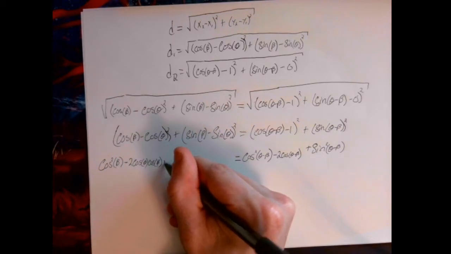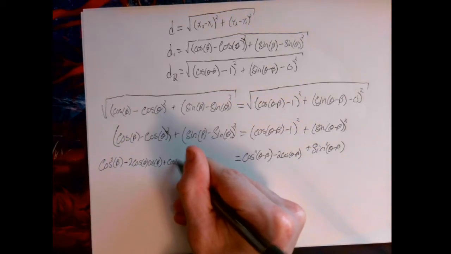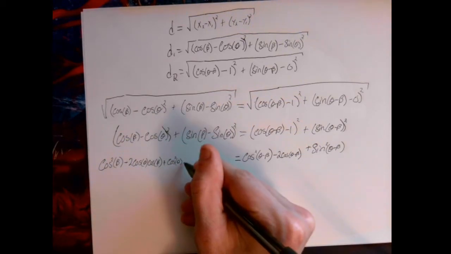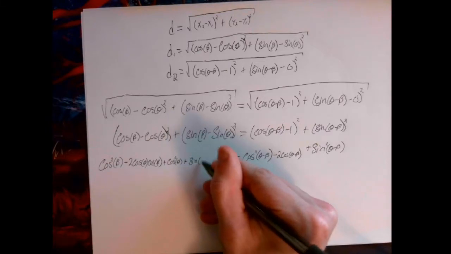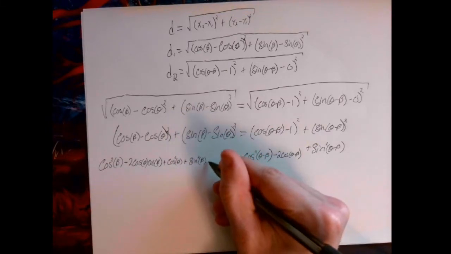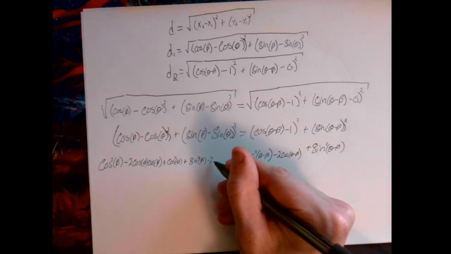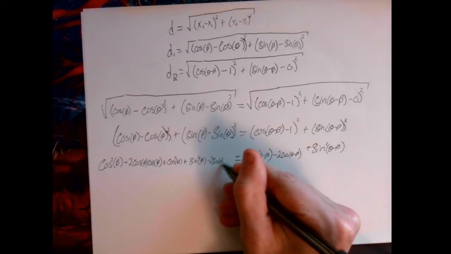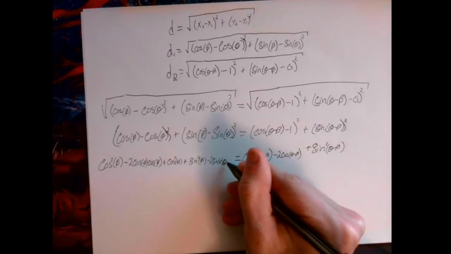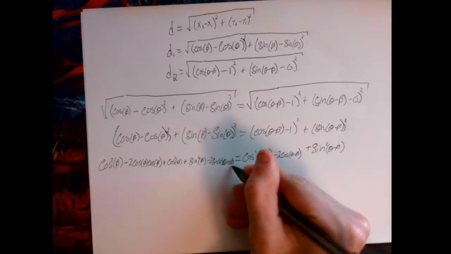Then we would get plus cosine of theta squared plus sine of beta squared minus 2 sine of theta sine of beta.